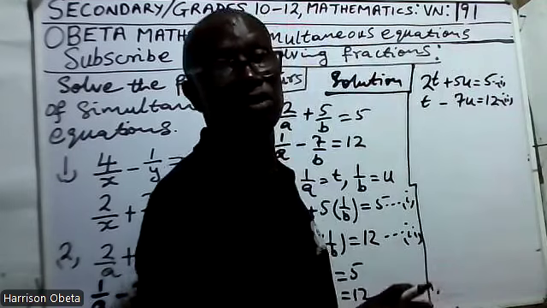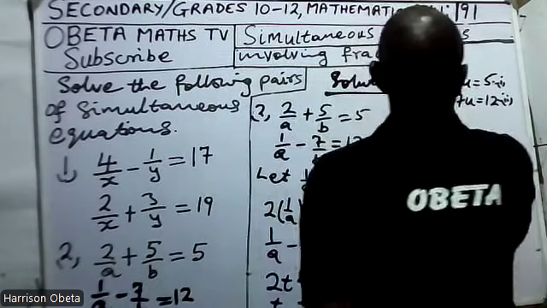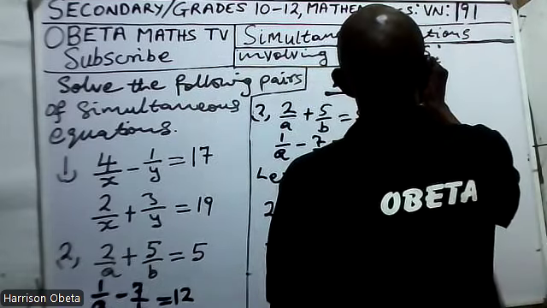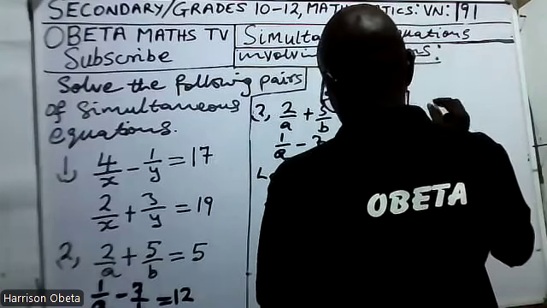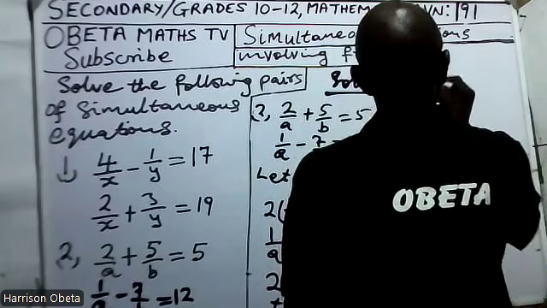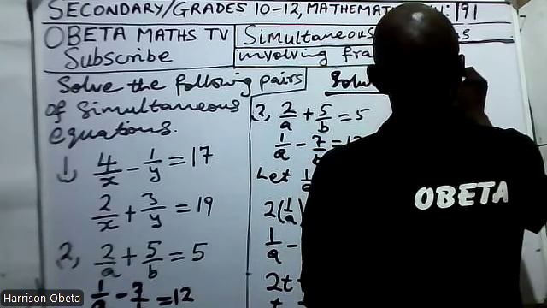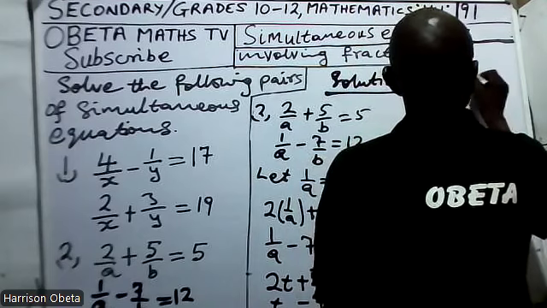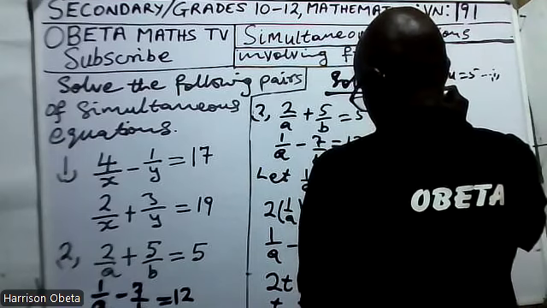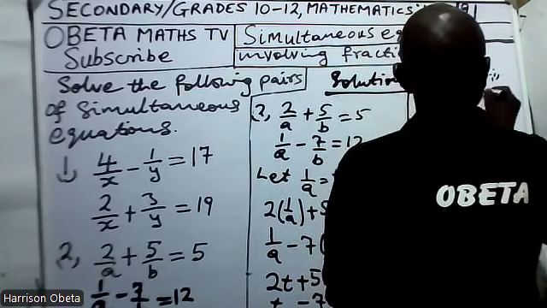Okay. So, if we move on, let me write it well so that it will be clearer. That's 2t plus 5u equal to 5. Then t minus 7u equal to 12.